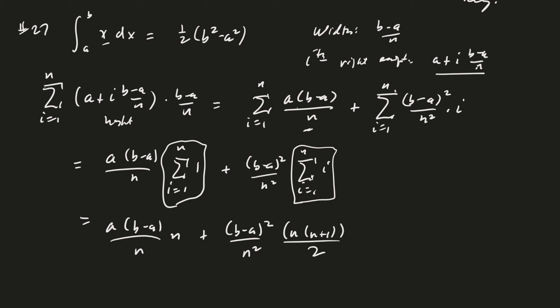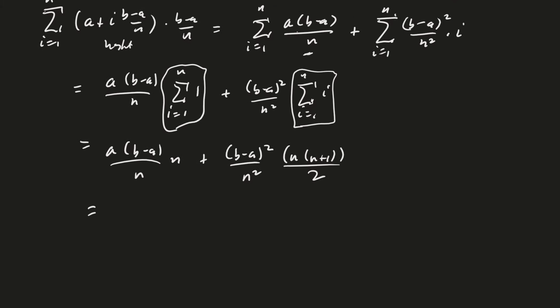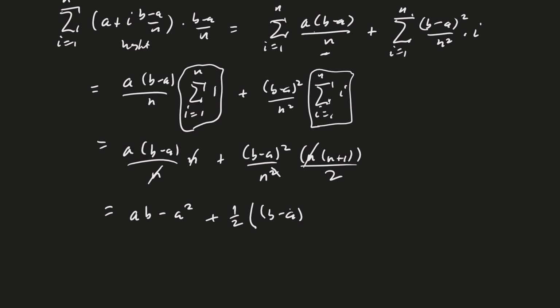Good. And so let's see if we can simplify that a little bit. The n's cancel. This n cancels with one of those. And so we have ab minus a squared plus 1/2, and then b minus a squared over 2. Oh, I took the 1/2 out. b minus a squared, and then I have the n plus 1 over n. Good.